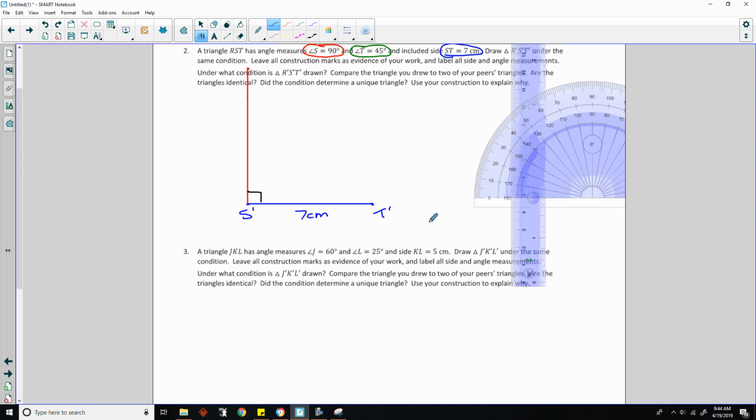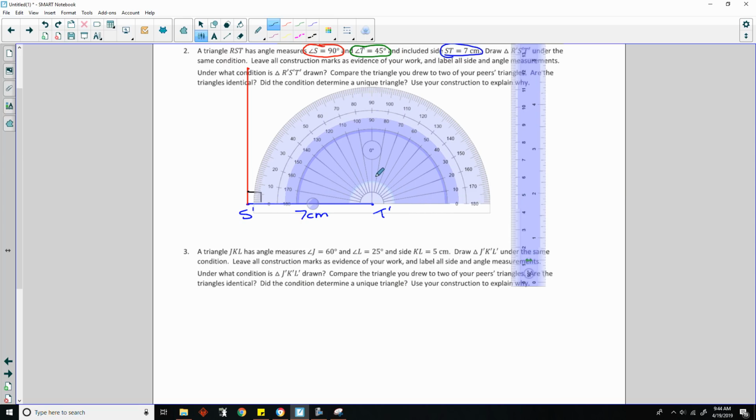All right. Now I need a 45-degree angle at T. So then I move my protractor here, put it right on T prime, make sure this segment is right on the 180-degree mark. I'll change colors. I'm looking for 45, which here's 40, here's 50, 45 is halfway between, and that's approximately there.